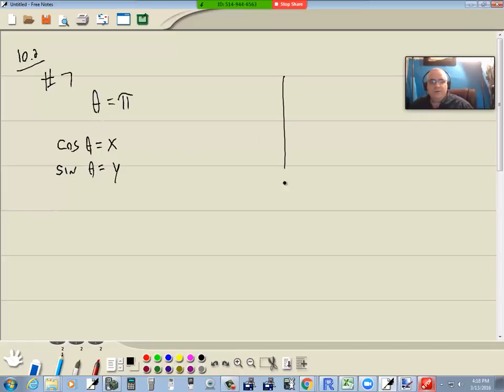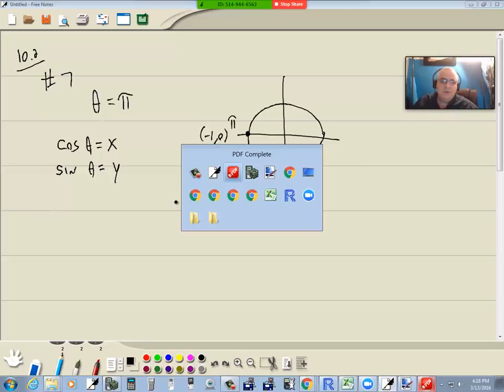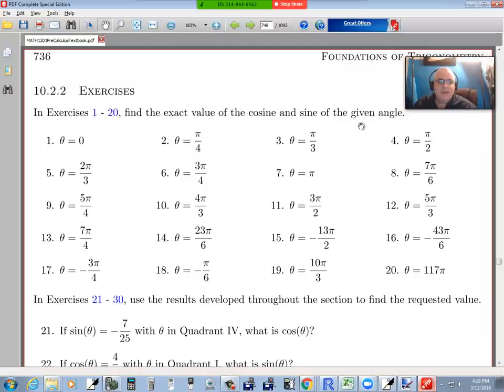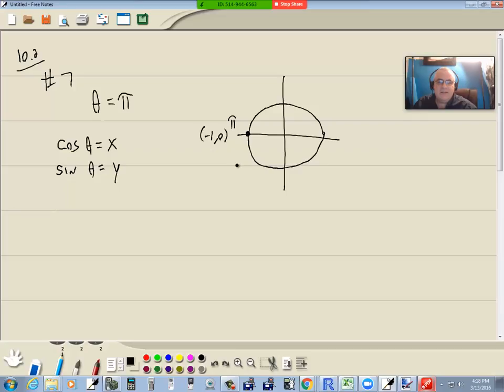So if we look on our unit circle, over here at pi, this point would be -1, 0. So when it asks, find the exact value of the cosine and sine, cosine of pi is the x part of our point, which is -1, and sine of pi is equal to the y part, which is 0.